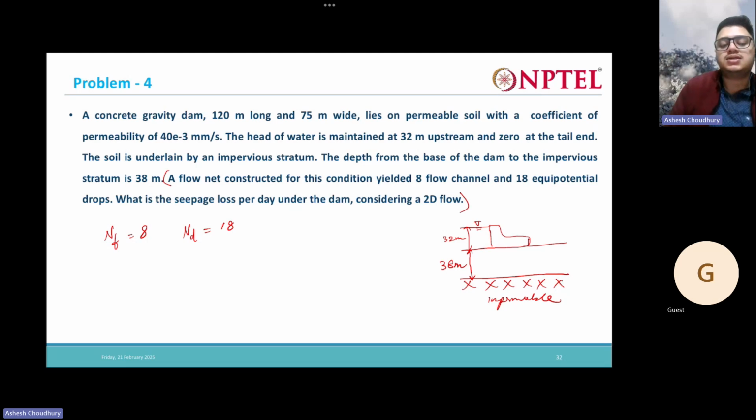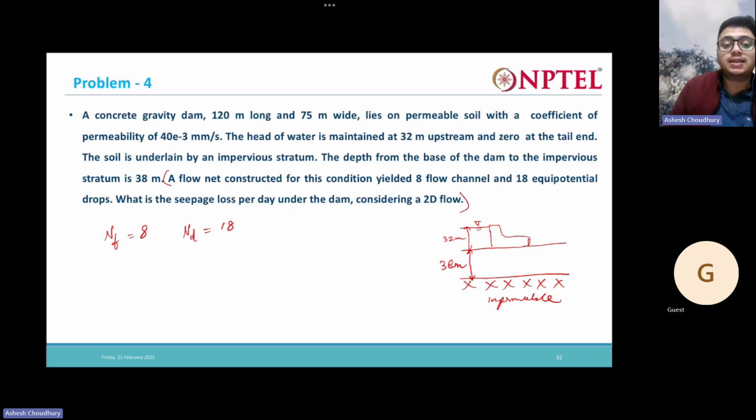I suggest you do this as your home task. Take a piece of chart paper or graph paper and draw this figure with a proper scale.